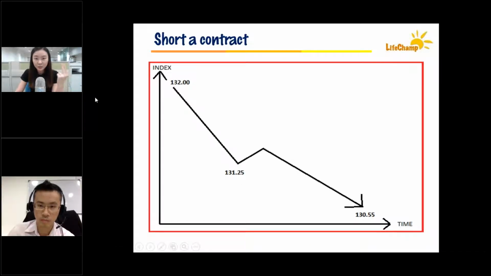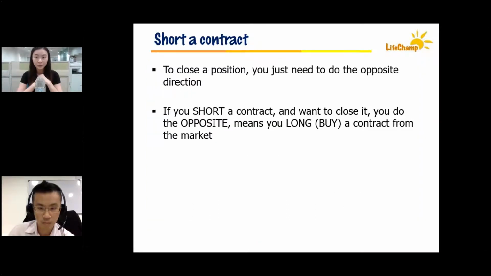So if you sell at 132, you are hoping the price goes down, then you profit from the reducing price. To close a short position, you have to do the opposite side, meaning you have to go long one contract in the market to offset your position.